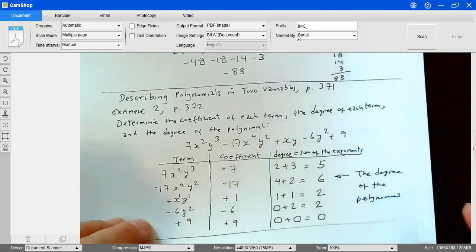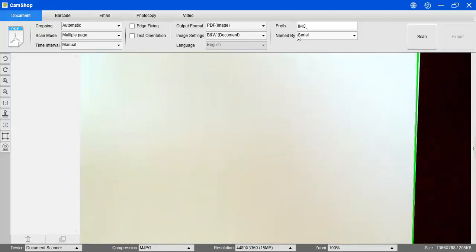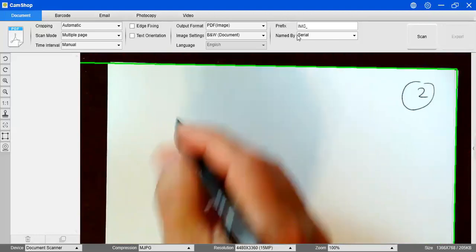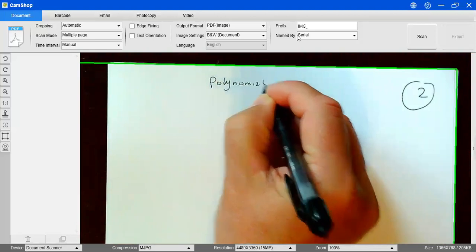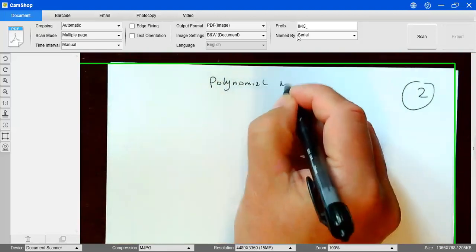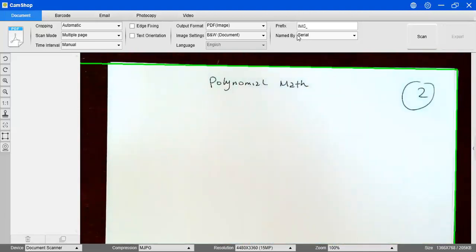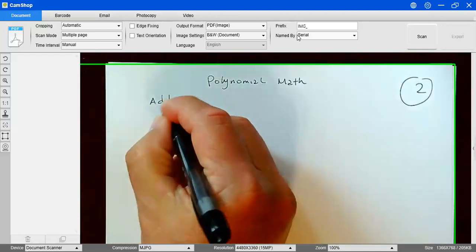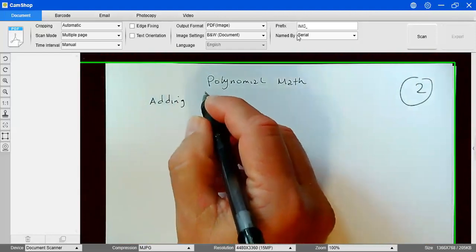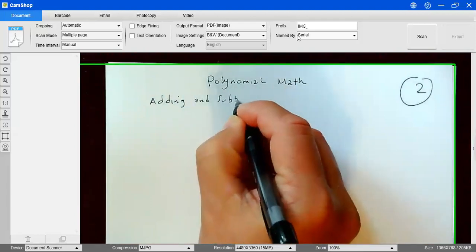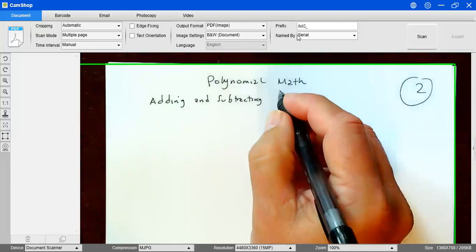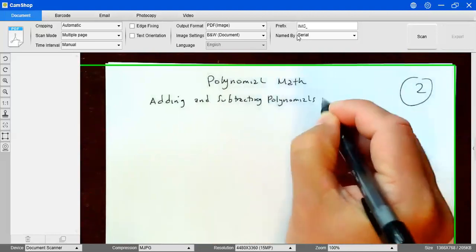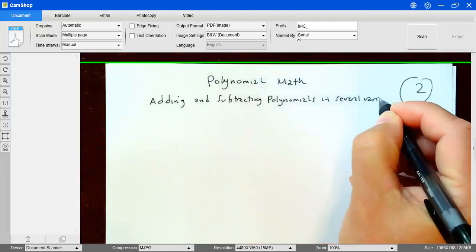We're going to start adding and subtracting polynomials in several variables.